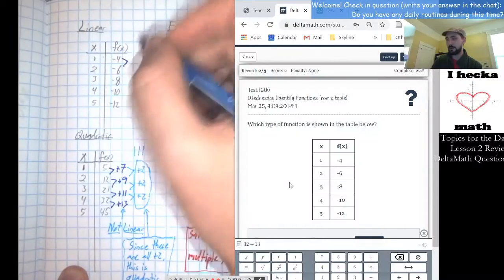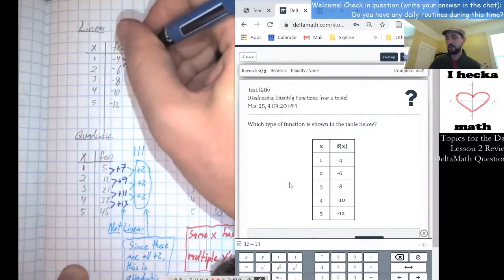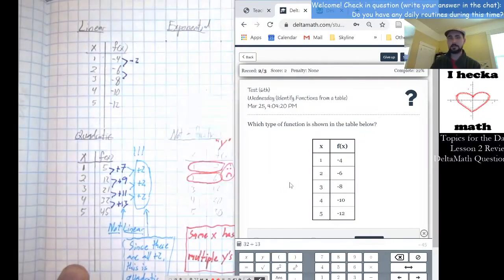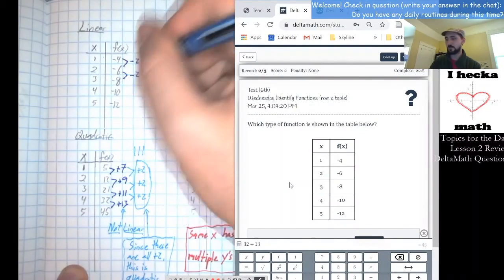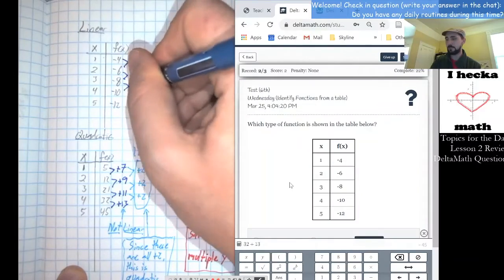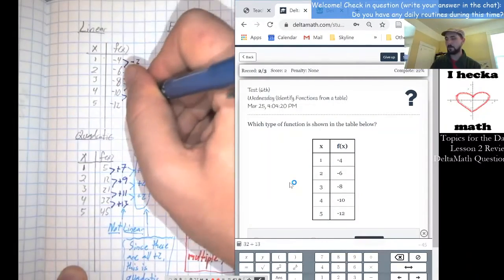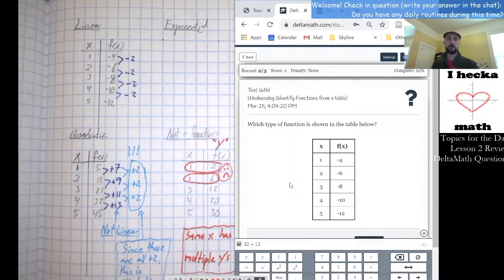To get from -4 to -6, I would need to subtract 2. To get from -6 to -8, I would have to subtract 2. -8 to -10, I'd have to subtract 2. -10 to -12, I would have to subtract 2. What do you notice? They're all the same.